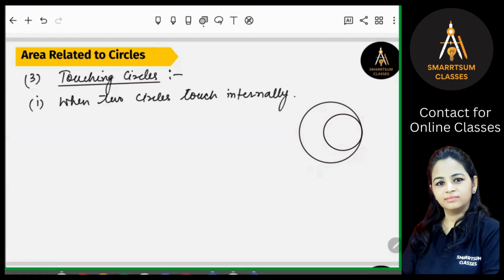Is that clear? This is suppose O, and this is O dash, and this point is P where they are touching, right?